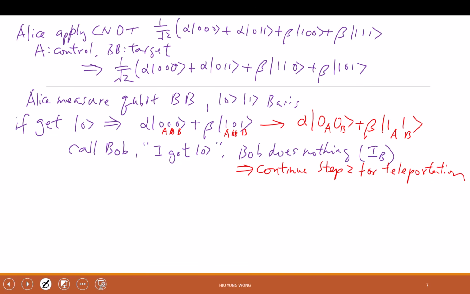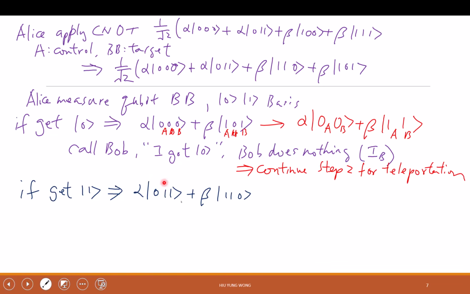But what if Alex gets 1? Then what would it collapse to? Alpha 011 plus beta 110. Everyone can follow? Because the middle is 1, right? And again, the middle is 1 for both, so I can factorize it out, right?